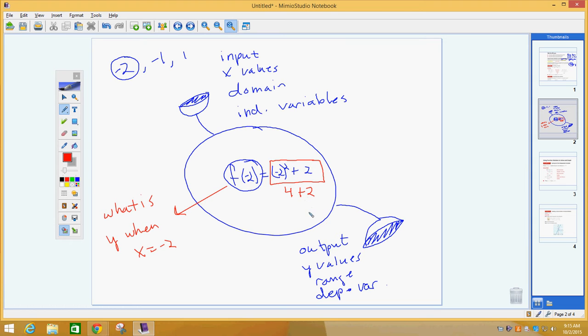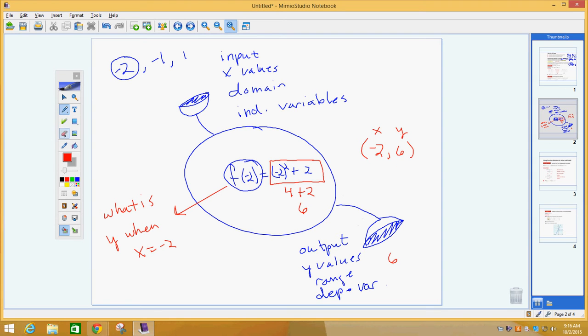Bring the rest down, plus 2, and 4 plus 2 is 6. So it comes in as a -2, and it comes out as a 6. So that ordered pair would be -2, comma 6. The x value or input was -2. When it came out of the function, the output or the range or the dependent variable was 6.